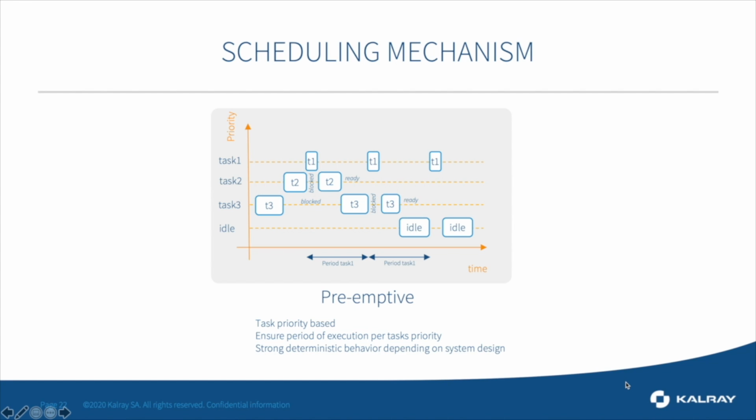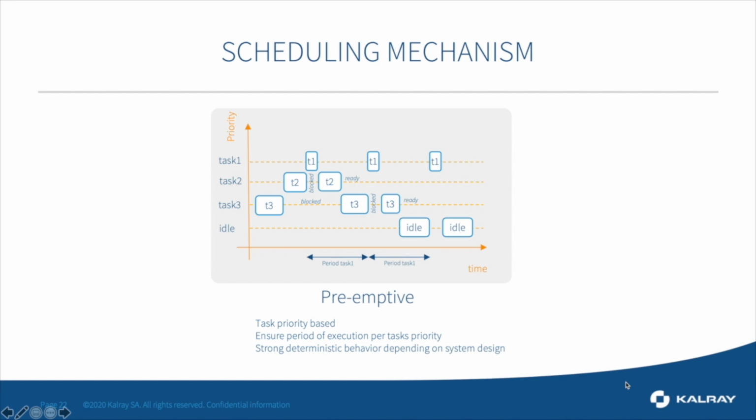The last one I want to address here, and there are many, by the way, is the preemptive mechanism. Preemptive takes almost the same concept, but adds the priority management of the task. In this example, task 1 has the highest priority, task 3 has the lowest priority.